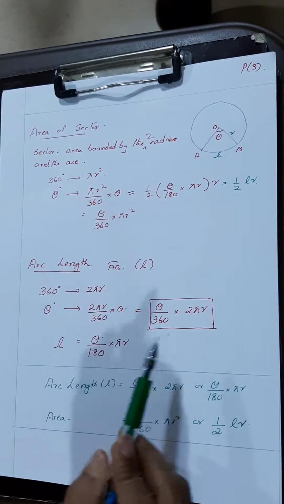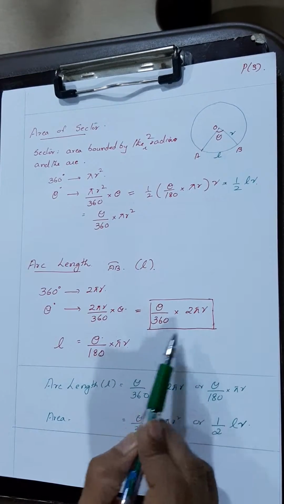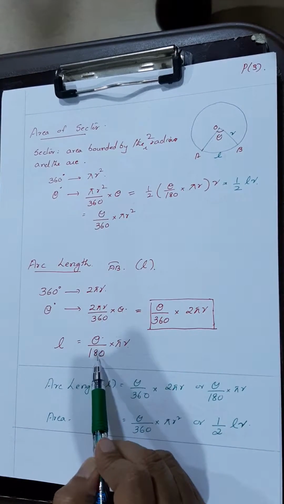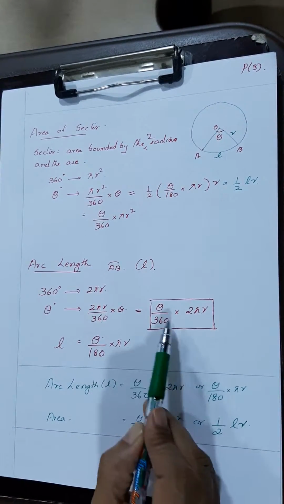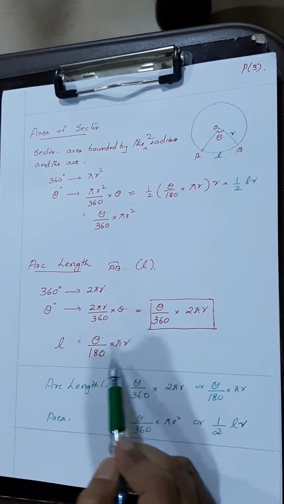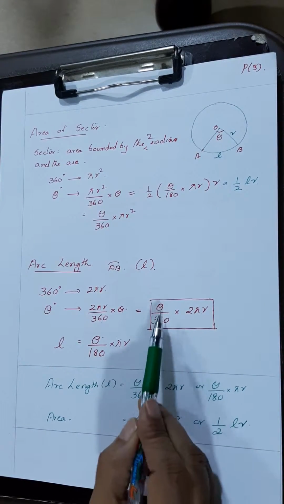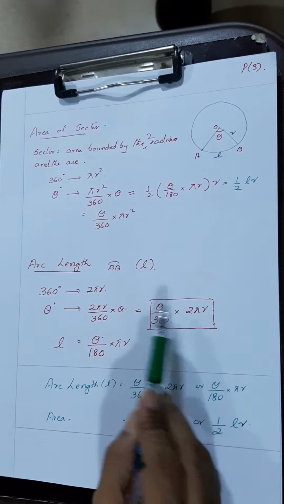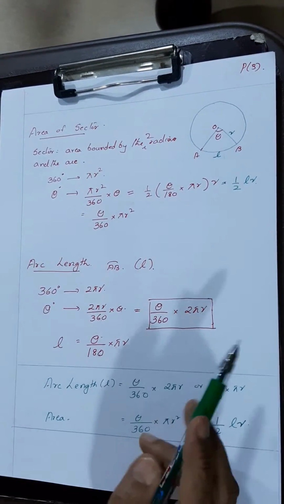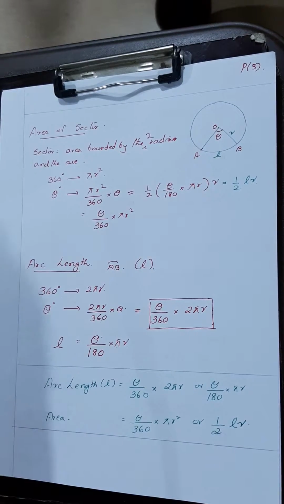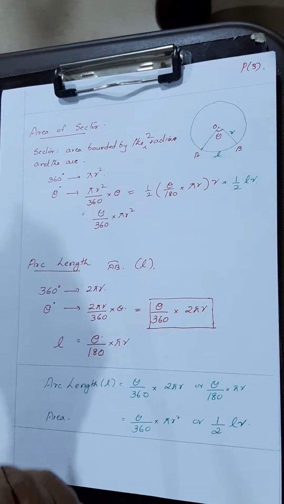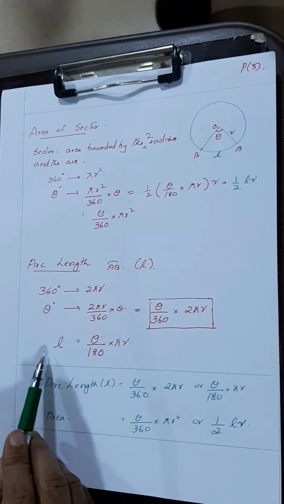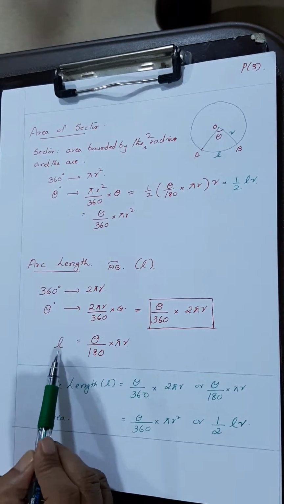So L is equal to, 2 and 360 you can cut, theta by 180 into pi r. You can use either formula, but this is very easy to remember: theta by 360 into 2 pi r, where 2 pi r is the circumference. And arc length is denoted by L.